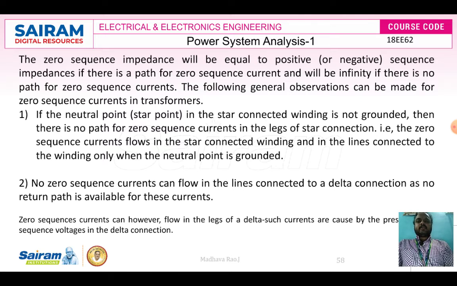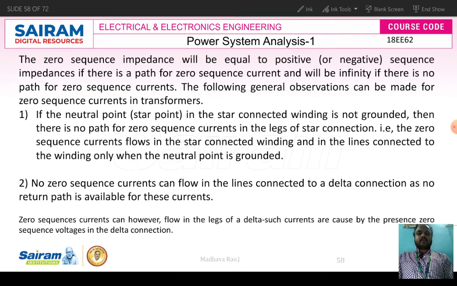Here the zero sequence impedance will be equal to the positive or negative sequence impedance if there is a path for zero sequence current, and will be infinity if there is no path for zero sequence current.